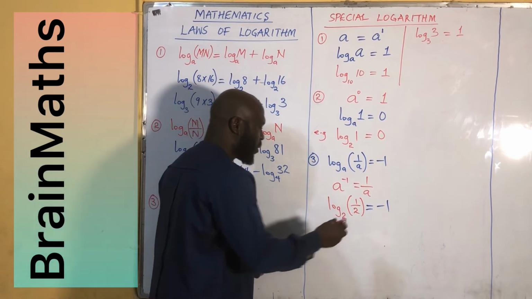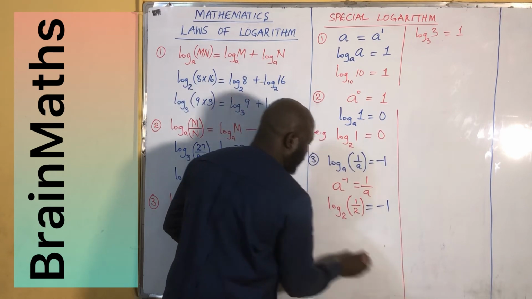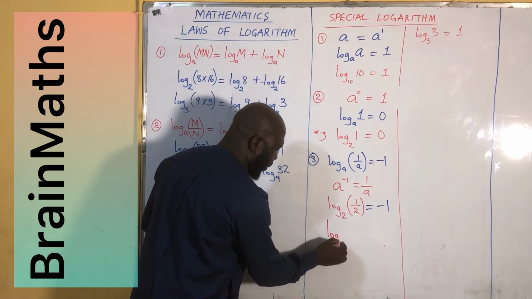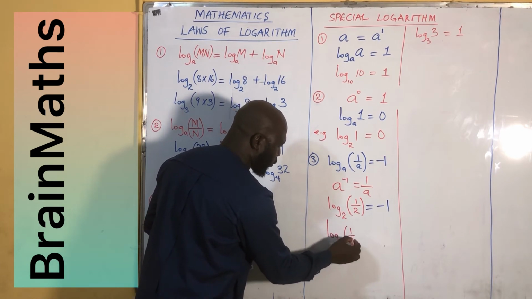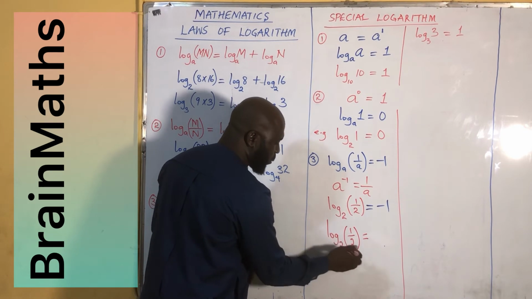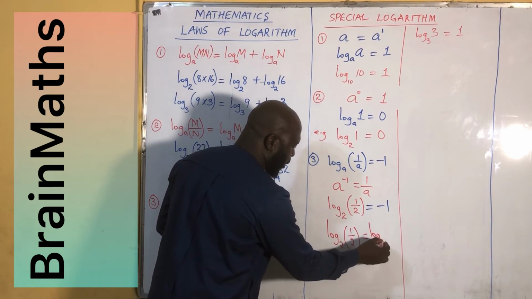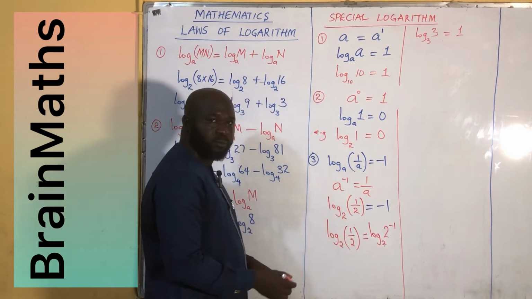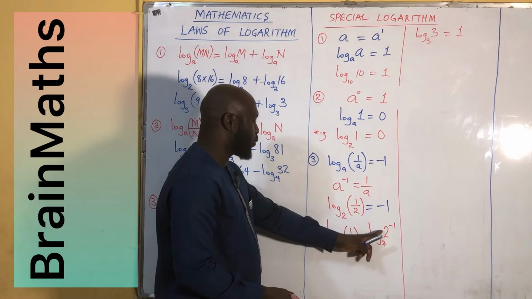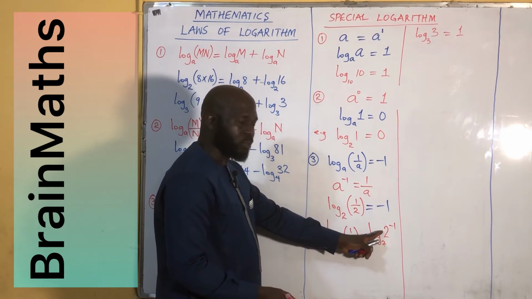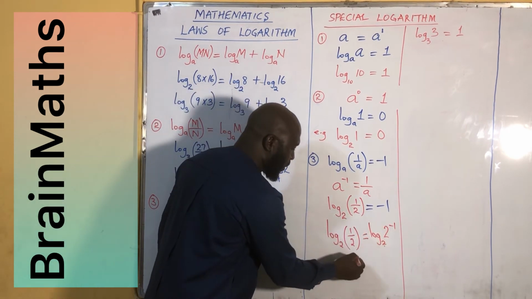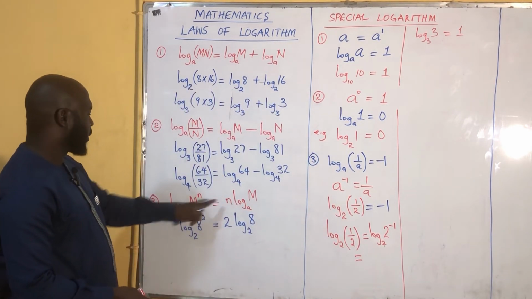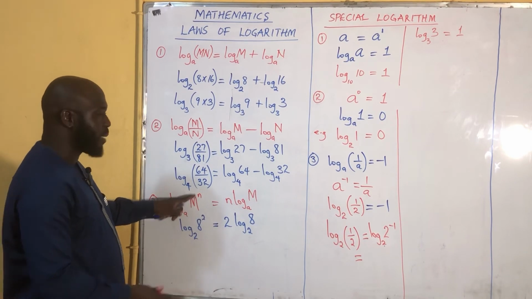So let me break this down quickly. If you take this as an account, we have logarithm in base 2 of 1 over 2. If we break this down, we can rewrite it as logarithm in base 2 of 2 raised to power minus 1. And if this 2 raised to power minus 1 is taken into account as well, we can bring down the minus 1, that whenever you have a power, you can bring down the power.